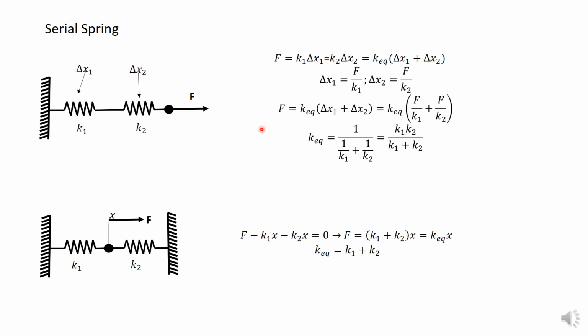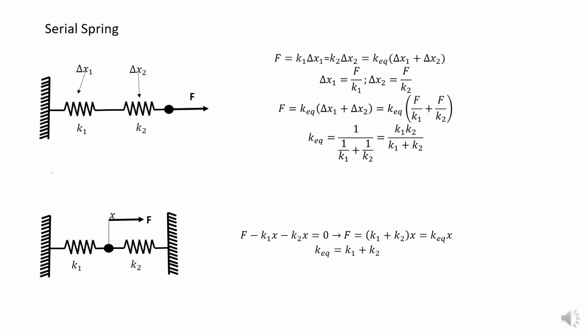Then we can cancel the F, and divide this total to the left side. So K equivalent should be equal to 1 over this whole term, 1 over K1 plus 1 over K2, so it will be K1 multiplied by K2 over K1 plus K2.